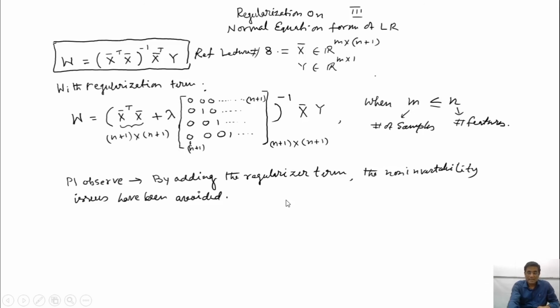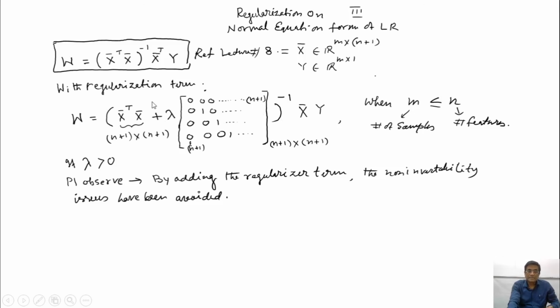So as long as lambda is greater than 0, please observe that this regularizer term ensures that the determinant of this matrix will never be 0, because 0 plus a non-zero lambda times something is there, right?